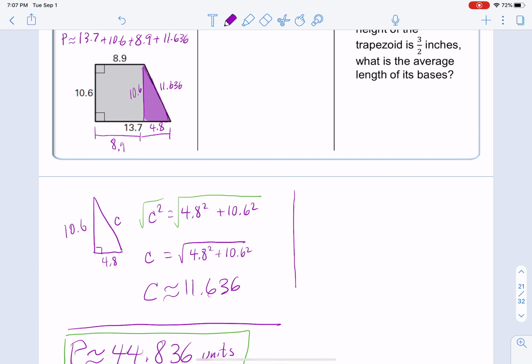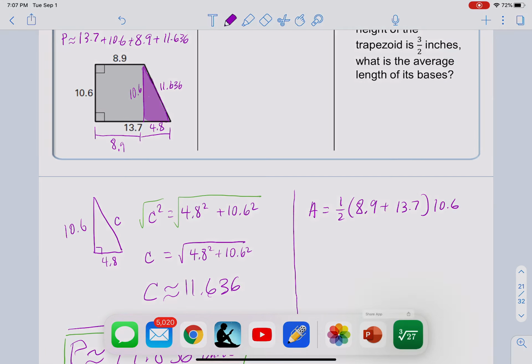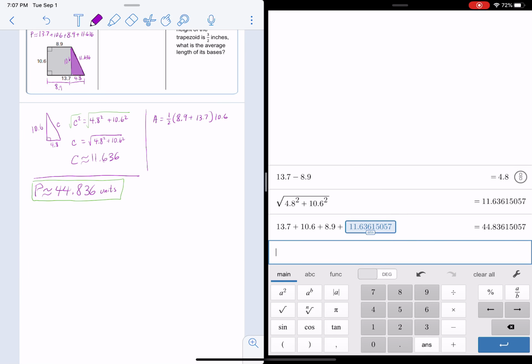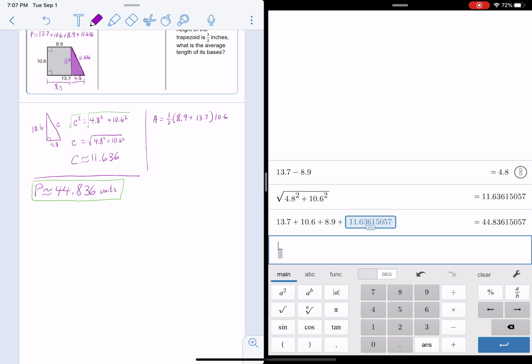Area is equal to 1/2 sum of the 2 bases, 8.9 plus 13.7, and then multiply it times the height, which is 10.6. And we'll be good to go as soon as we throw all of this in the calculator. So I can use a fraction bar for the 1/2 if I wanted to, or you can put it in as 0.5.